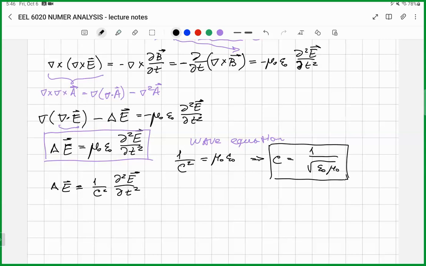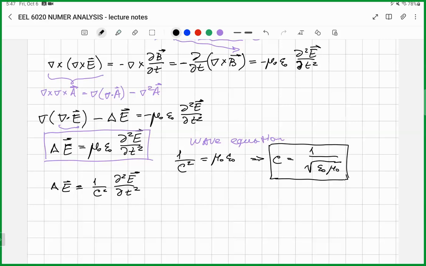So for the first time, this formula was derived by Maxwell, and Maxwell calculated the number for this velocity and found out that it coincides with the velocity of light, and he made a prediction that light is an electromagnetic field.